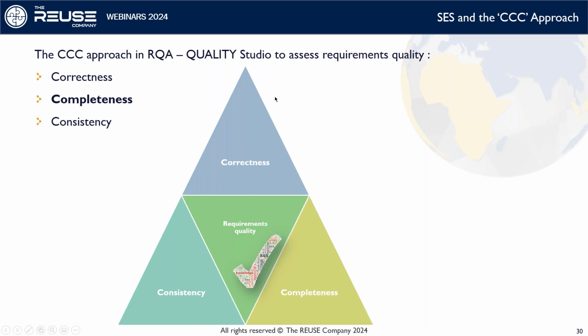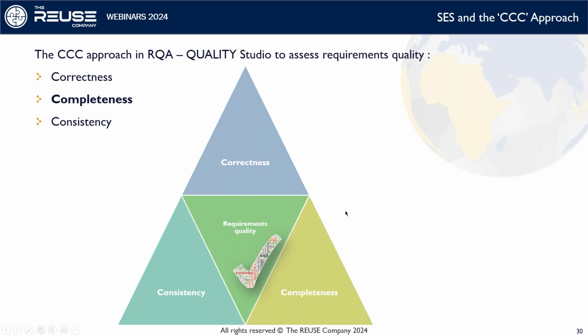If we have a correct and complete set of requirements, but some are not consistent because some are duplicates or contradictory, we also have difficulty verifying and testing the requirements, because we have inconsistent things and we cannot properly implement the system.